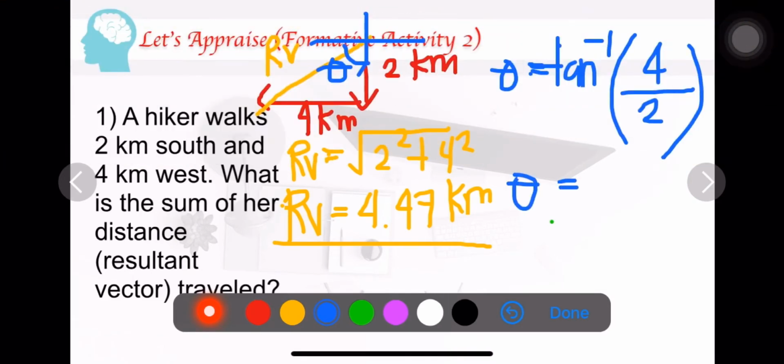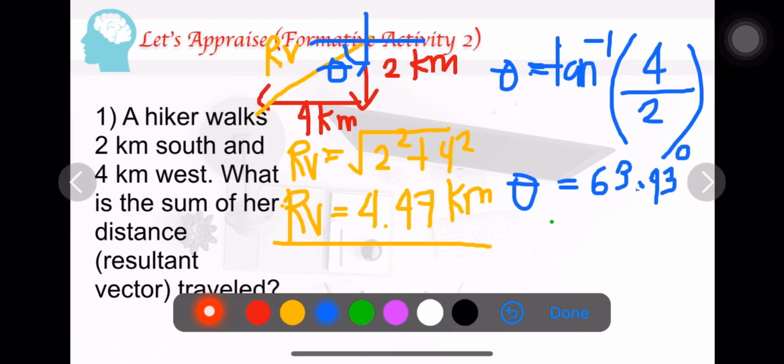So our theta is arctan 4 over 2, so 63.43 degrees.